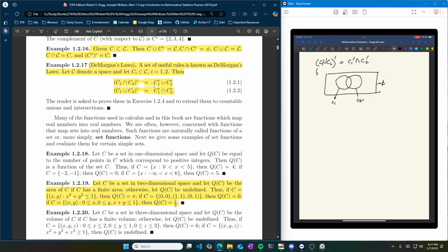I won't draw the whole thing. C1 union C2 would be this whole space, right? Then what would be the remaining portion? That would be the complement we have to take, right? The complement would be this part.